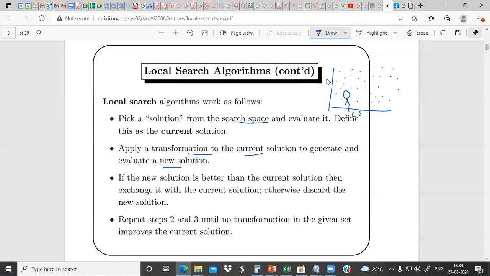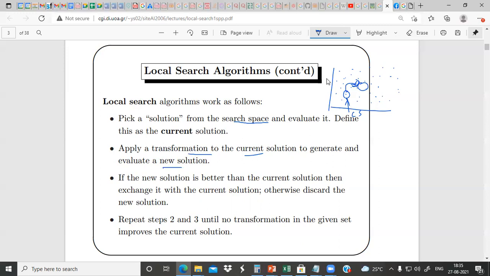Whatever value we got when we evaluated it is very low. So now apply some transformation to this current solution and generate a new solution which is better than the current solution, and evaluate the new solution. First generate a new solution and then evaluate it.